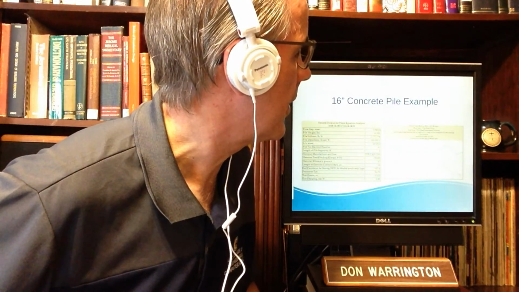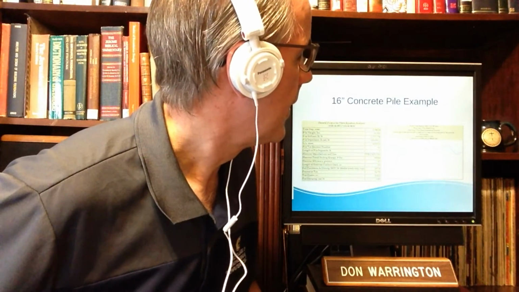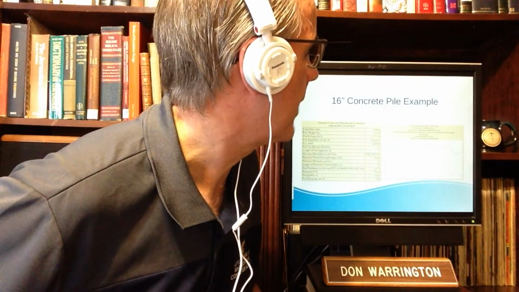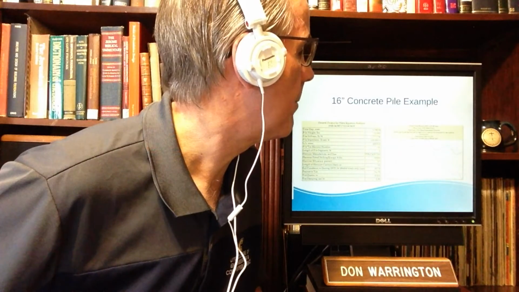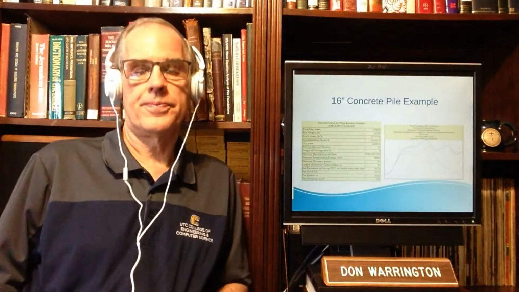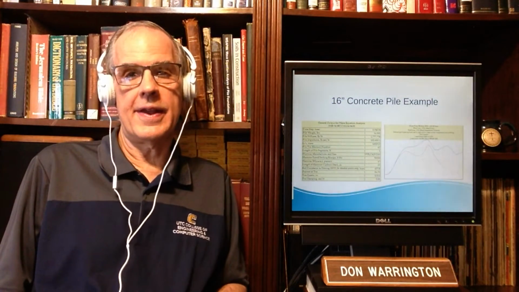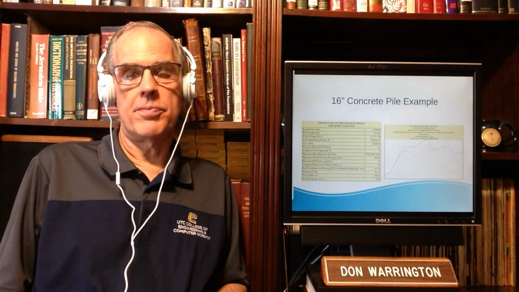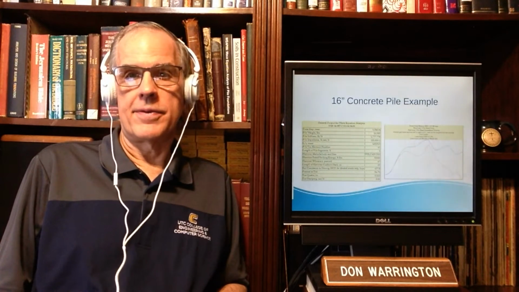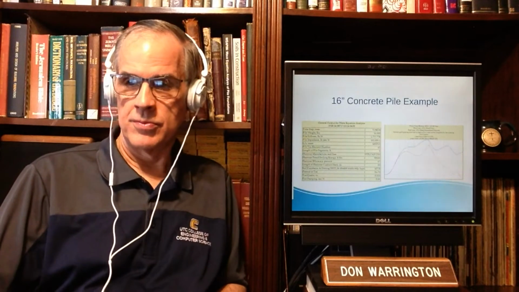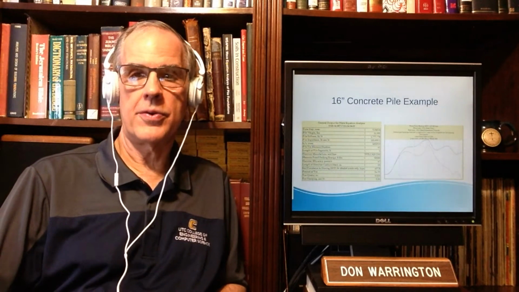Notice that, and this is important, the blue line is the pile head force, and the red line is the pile head impedance times the velocity. You're going to see that again when we get to CAPWAP analysis. But those are the two things that it gives you.